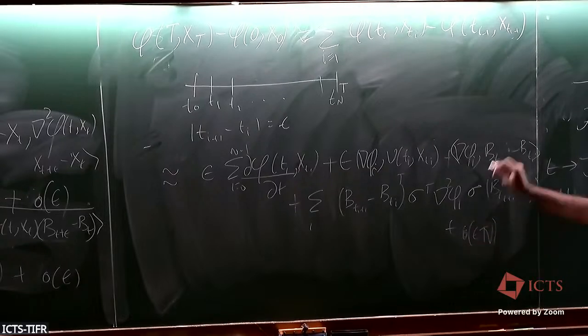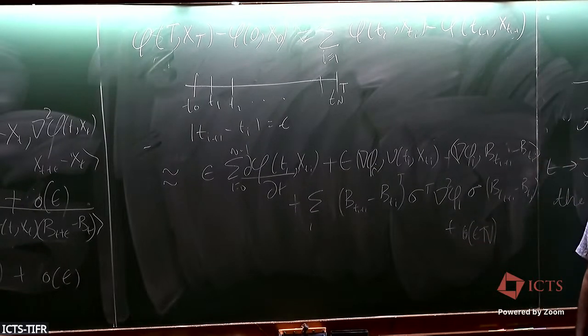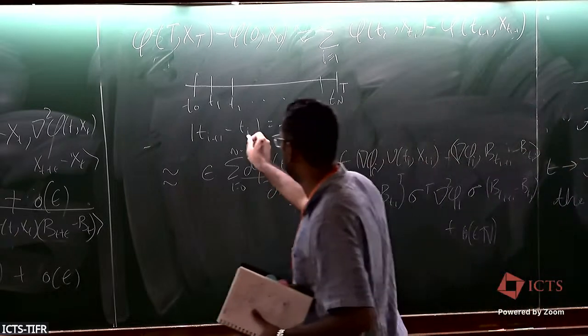This will converge to 0 as epsilon tends to 0 and capital T is finite. Now we can see what these parts converge to.